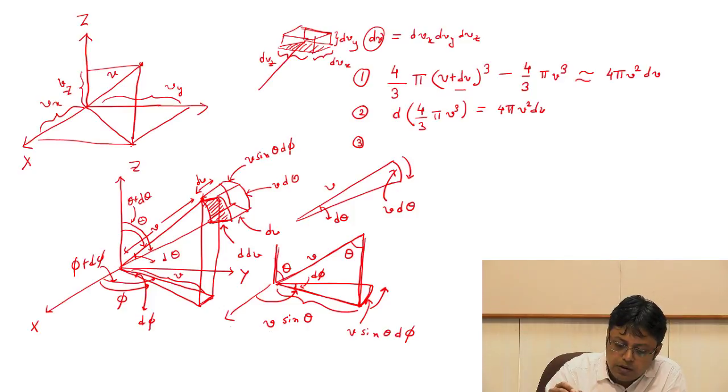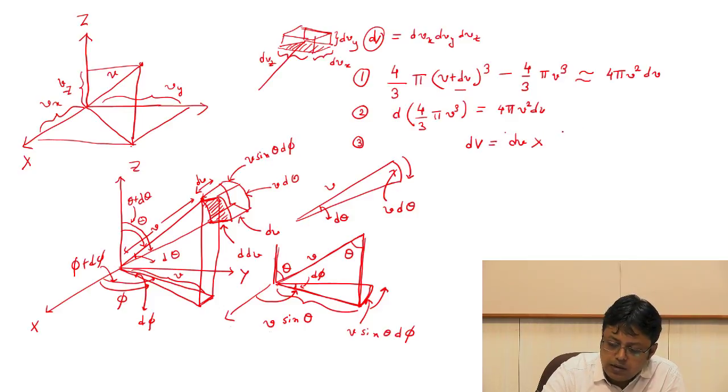So if I just multiply all this, this differential volume element I should not write as dv, I can write it as d capital V, the volume element. Here also I should write it as d capital V. It is v to v plus dv, so that is giving me one side as dv.